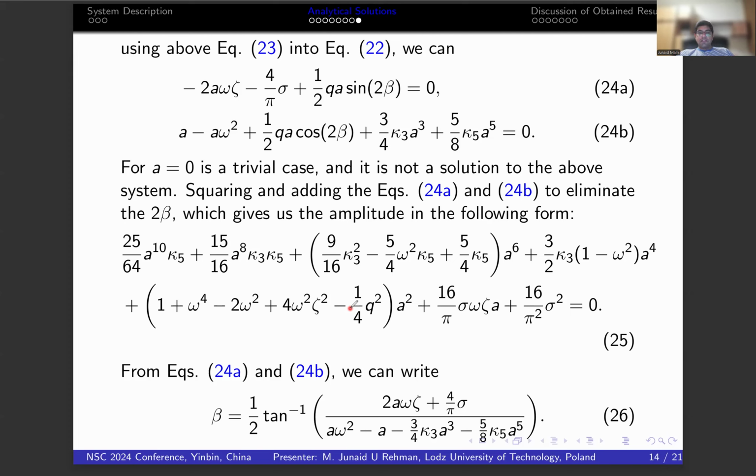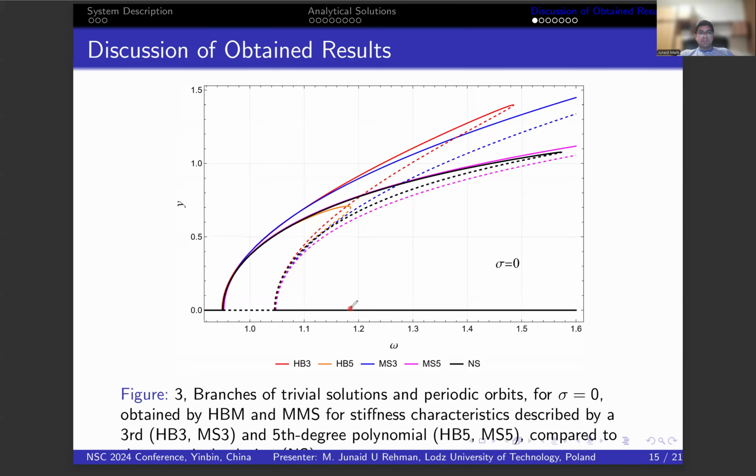So now we will discuss our obtained results in the form of graphics. So here we have compared obtained results. HB3 shows the harmonic balance solution in third degree polynomial, and HB5 fifth degree polynomial.